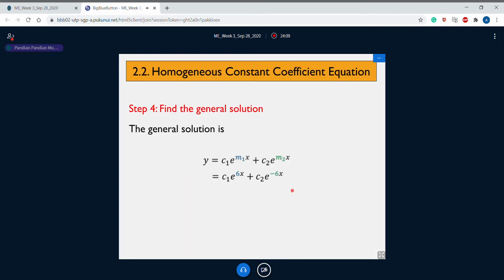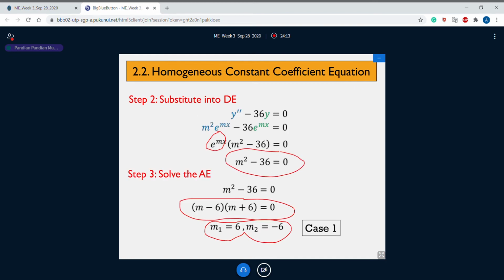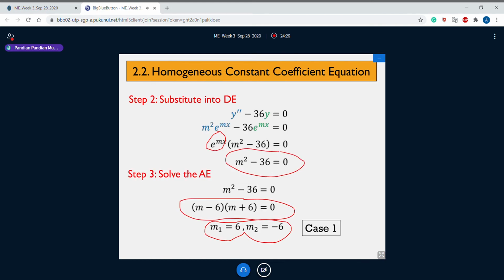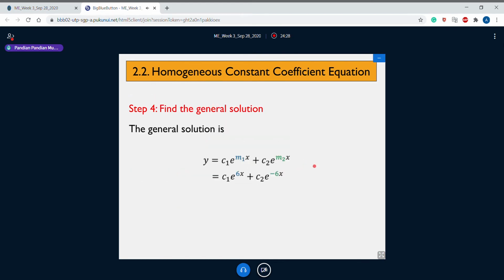So now, the general solution. The general solution for these two distinct roots can be written as y equals C1 e^(m1 x) plus C2 e^(m2 x).